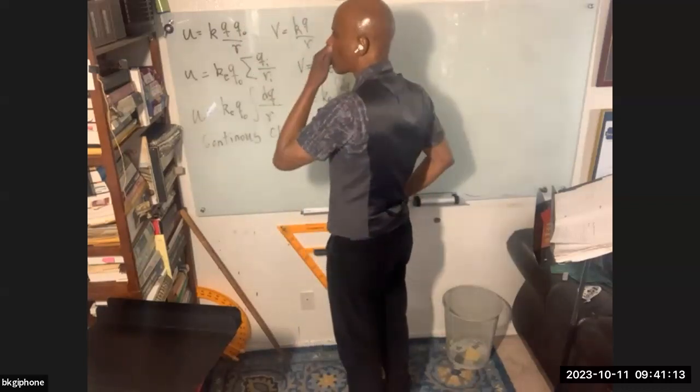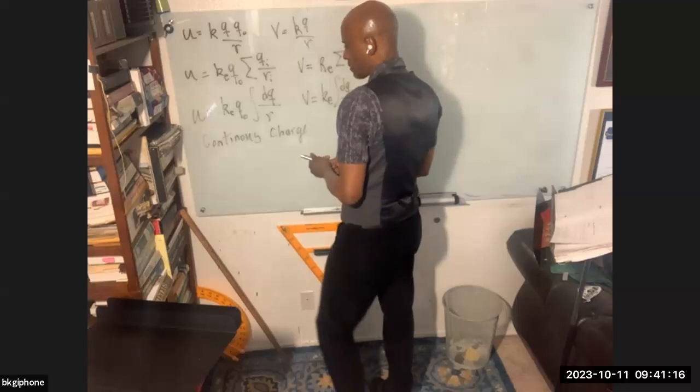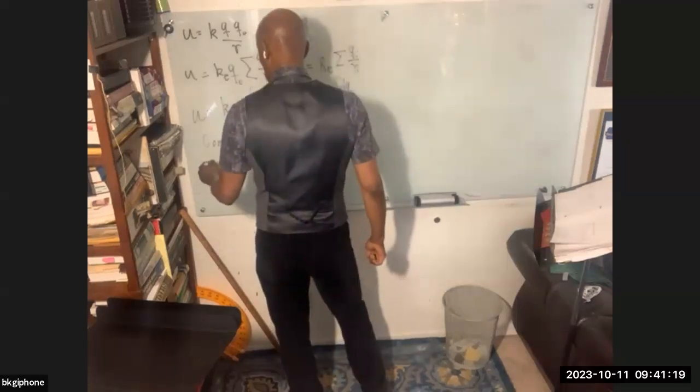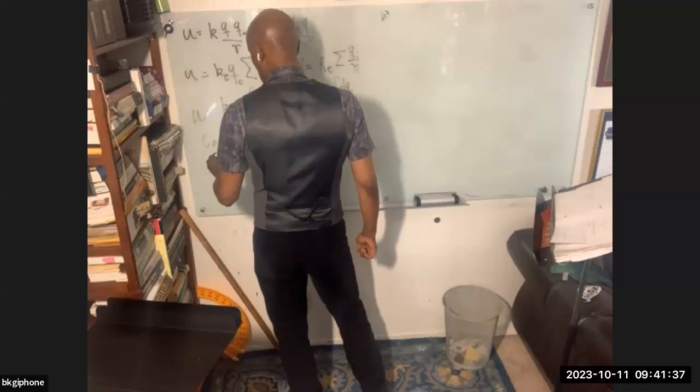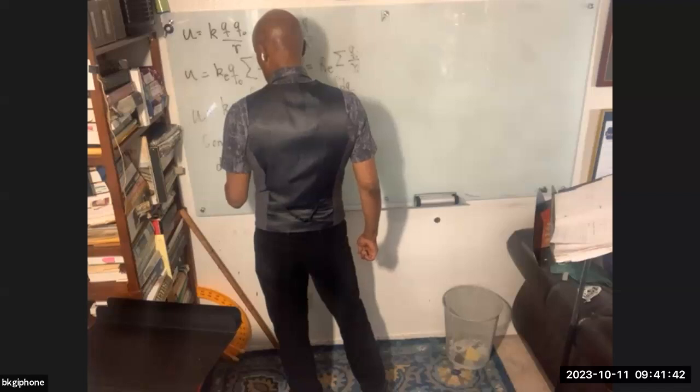As I said, the relationship between the field and the potential is the following: a differential voltage is equal to the negative of the integral of E dotted into dx.